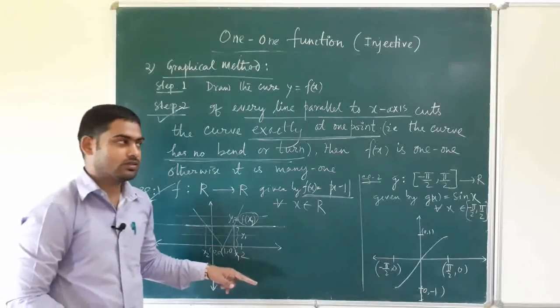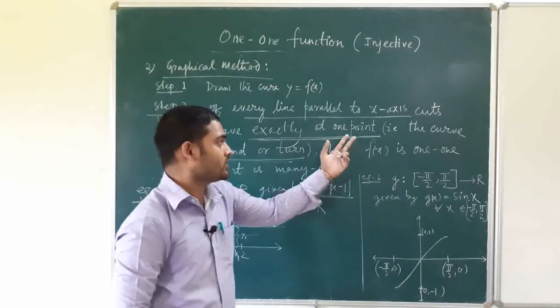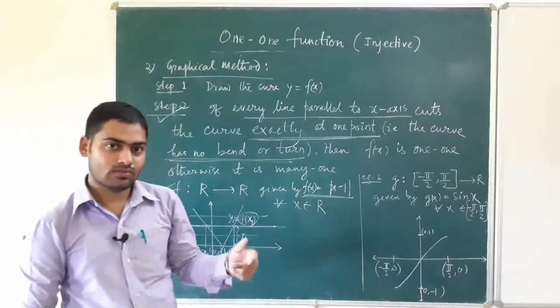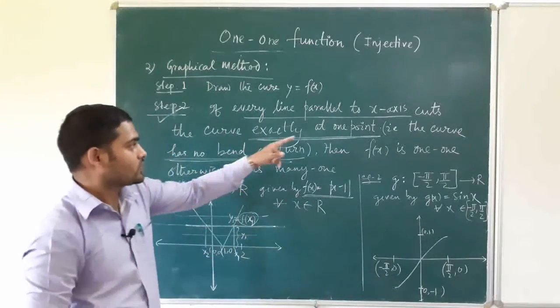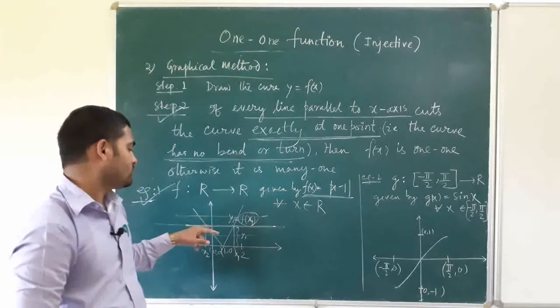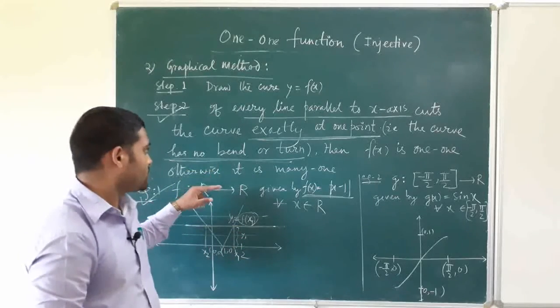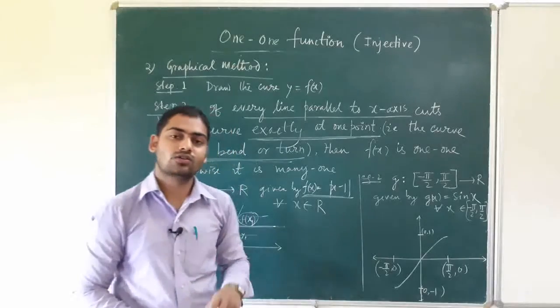When it cuts exactly at 1 point, then we can say the function is 1-1. But here the parallel line to the x-axis cuts the curve at 2 points, so it is not 1-1.